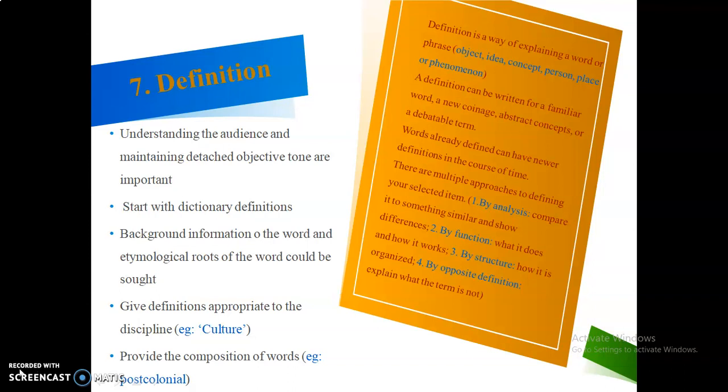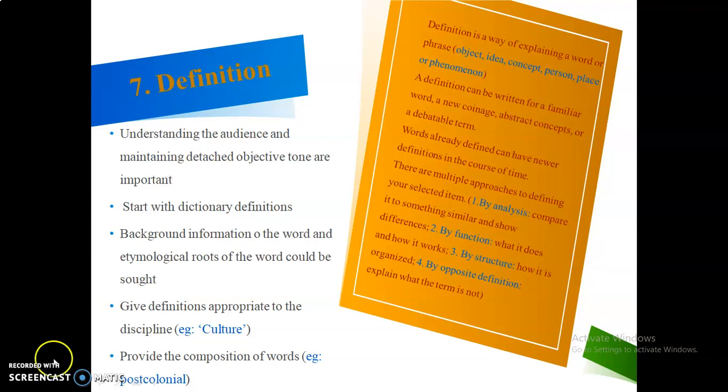Whereas culture in agriculture or in biology, like tissue culture, means something entirely different. So you need to give a definition according to the discipline to which you belong, and you need to provide the composition of words. For example, the term post-colonial is composed of two words, post and colonial. These kinds of things should be mentioned while writing a definition essay.